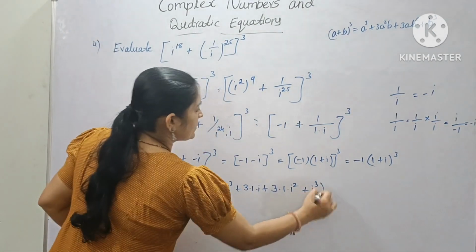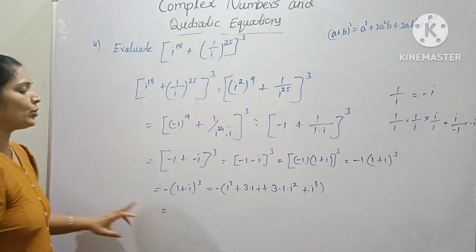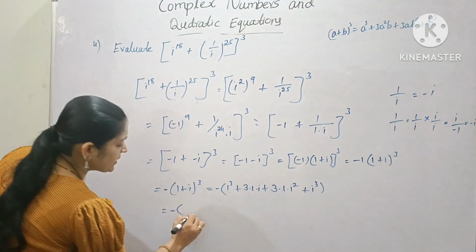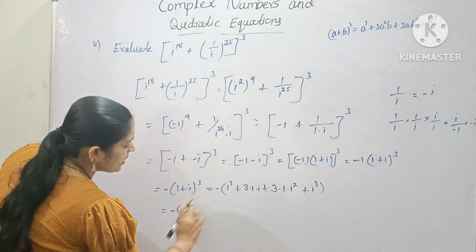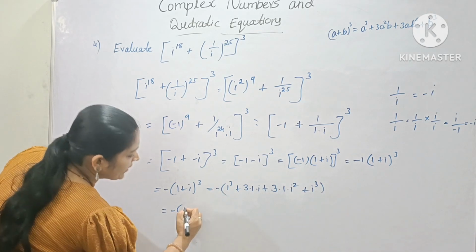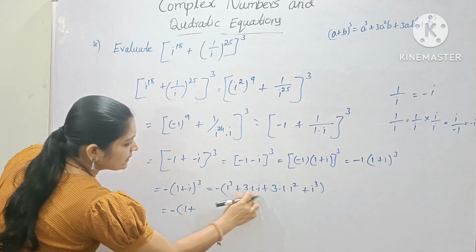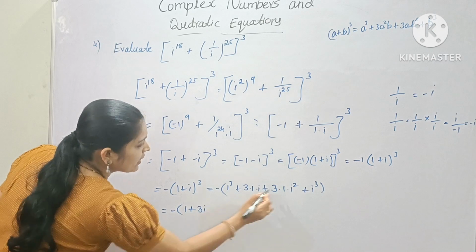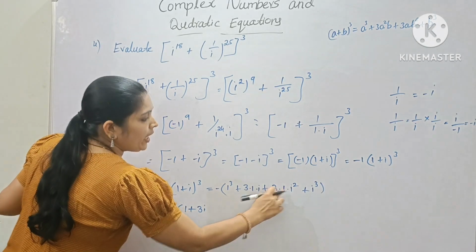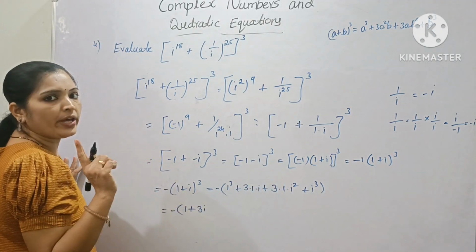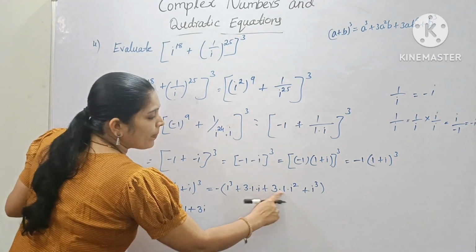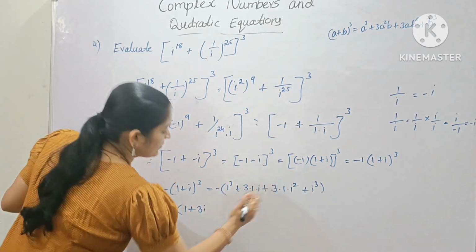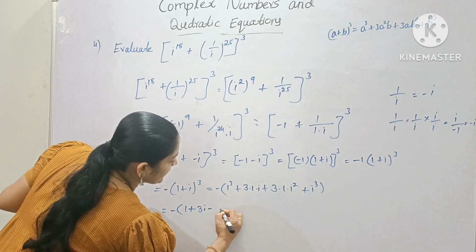Then that is equal to 1 cube, and the minus is there. Be careful. Minus of 1 plus 3 into i, 3i. Here 3 into i square, the value is minus 1, so minus into plus becomes minus 3.